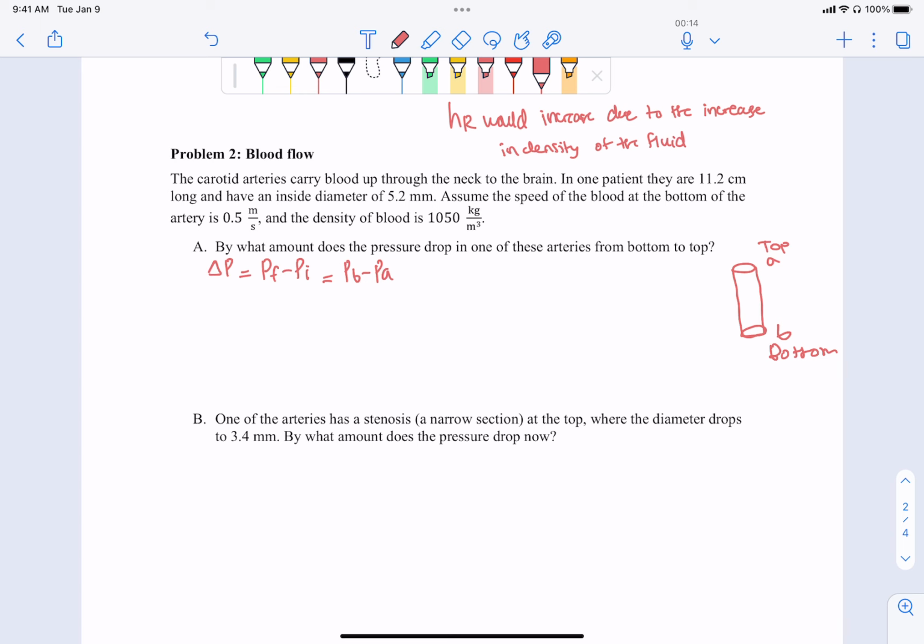We have the length of the artery, this whole length right here, and we can think of that as the height. Sorry, we don't have pressure, I meant we have the height and the density of the blood. How do you think we can go about figuring out the change in pressure?